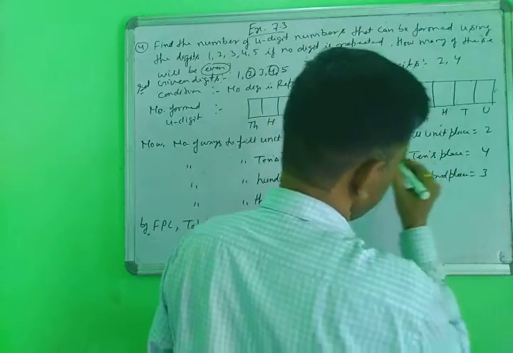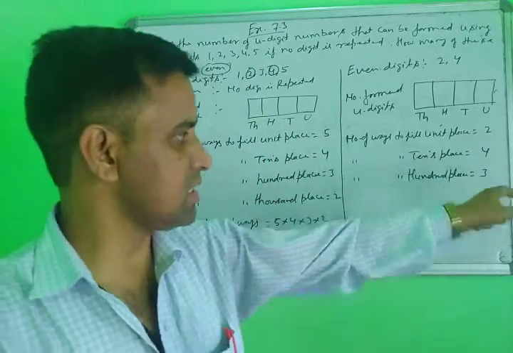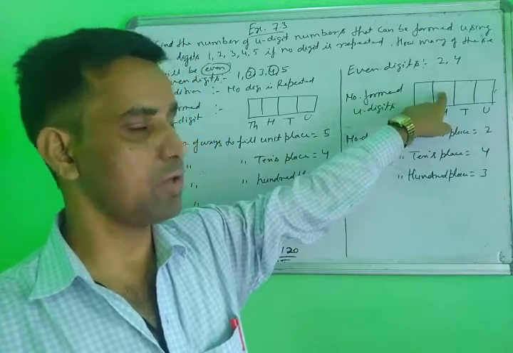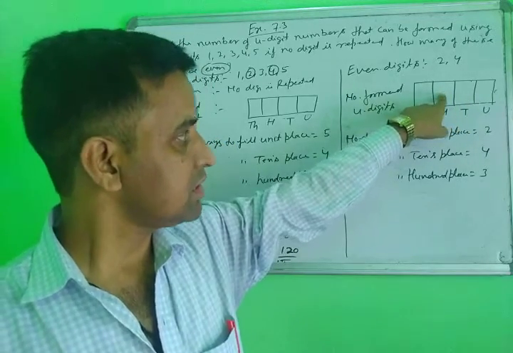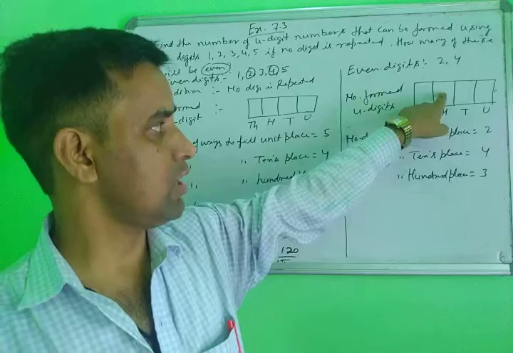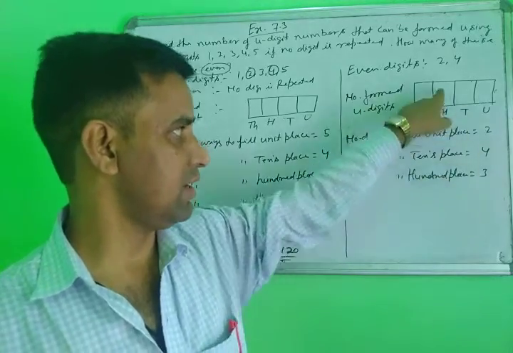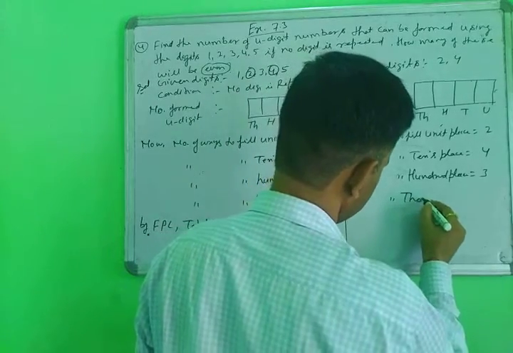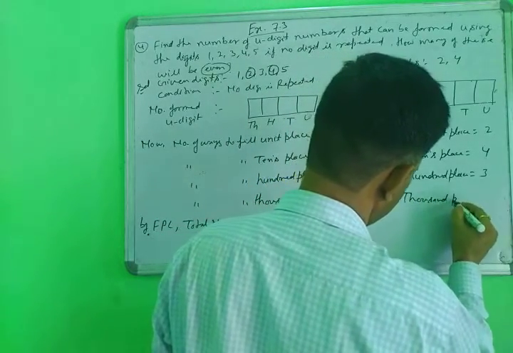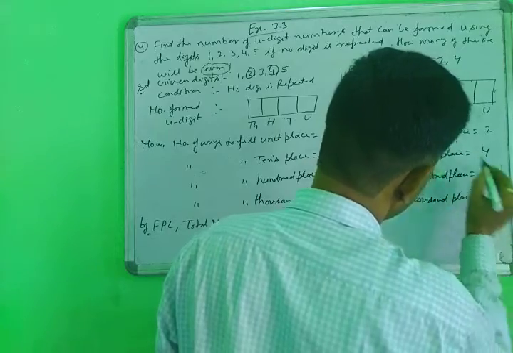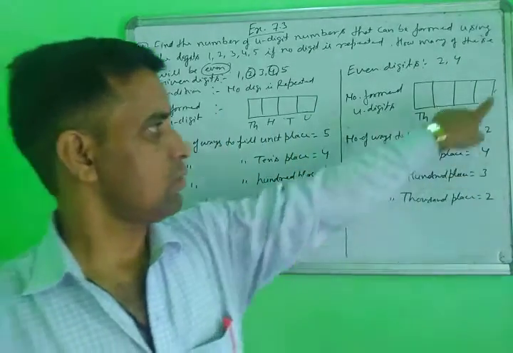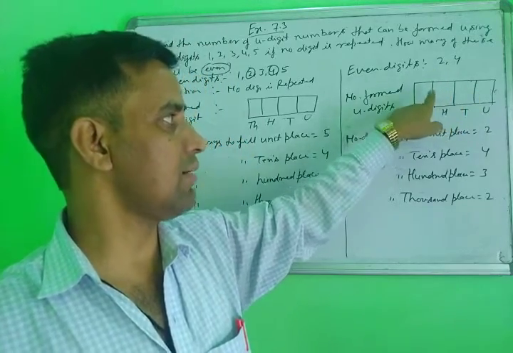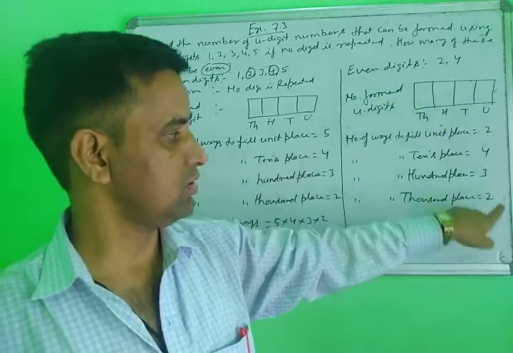This is 2 ways because 1, 2, 3 are already used, so you have only 2 choices left.